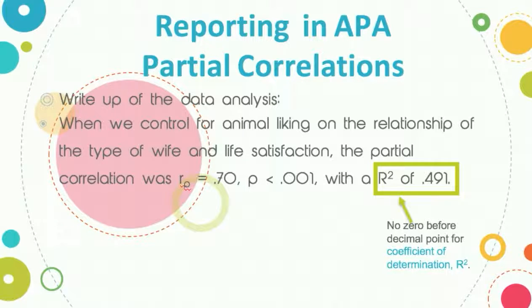So we do r squared of 0.491. We can go to 3 decimal places, and we do not need a 0 in front of that. And just remember, when you write it, you would have to explain that it's actually 49.1% of the variance in life satisfaction is shared with the type of animal wife.